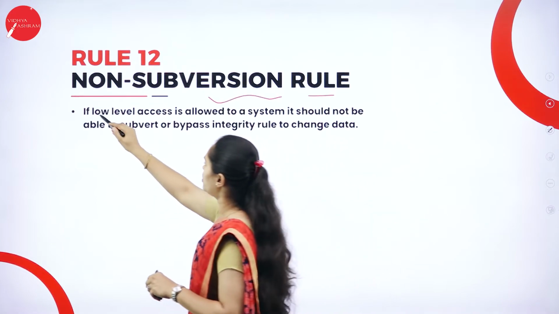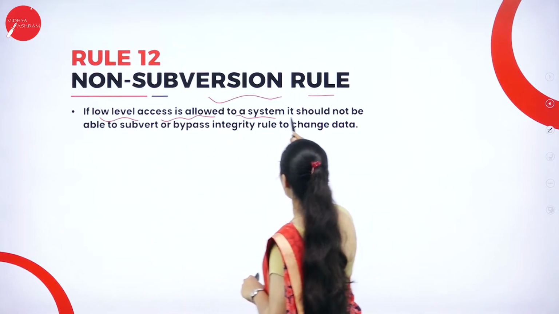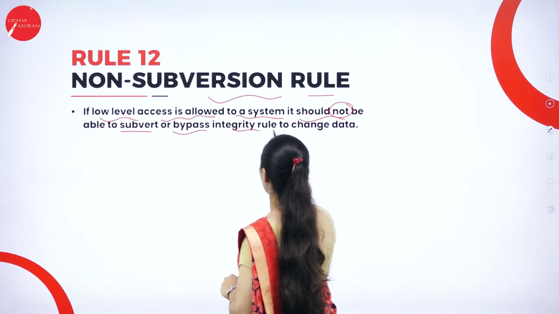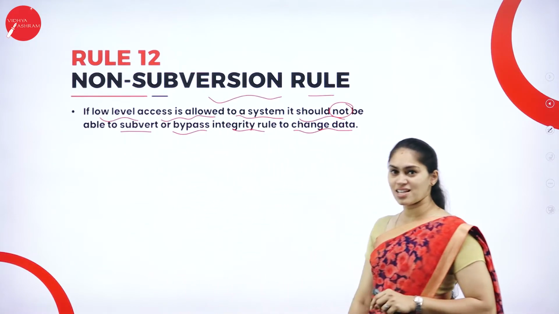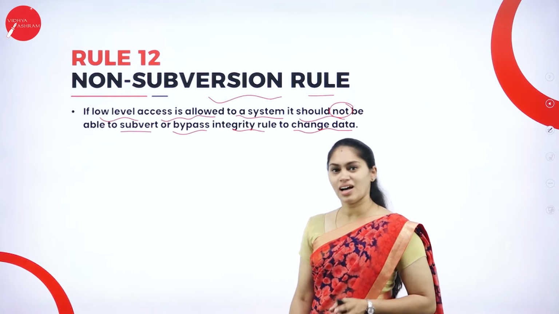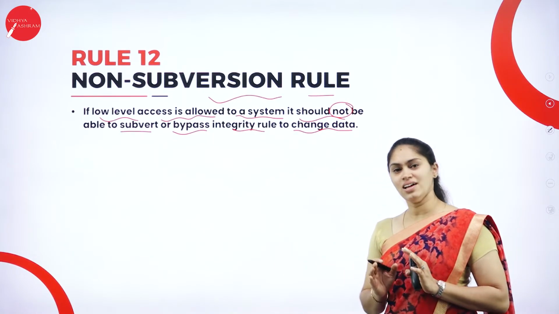If low level access is allowed to a system, it should not be able to subvert or bypass the integrity rule to change the data. Though you have that authority, you should not misuse the data we have in the database.